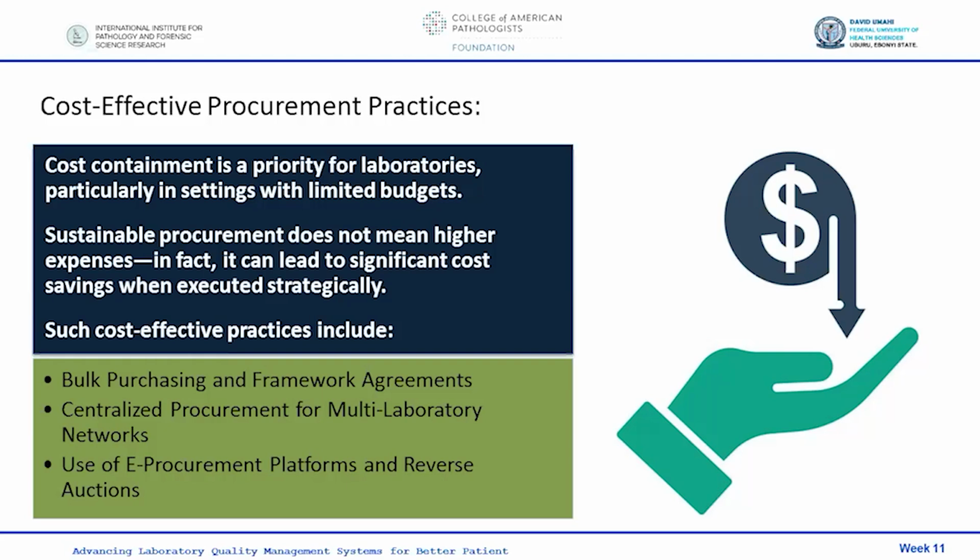Okay. Here you have better price comparisons and human errors are reduced. And also reverse auction is a situation whereby the suppliers will compete to offer the lowest bid, and this can help drive prices down for high volume consumables and reagents.